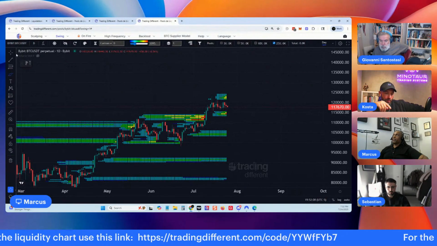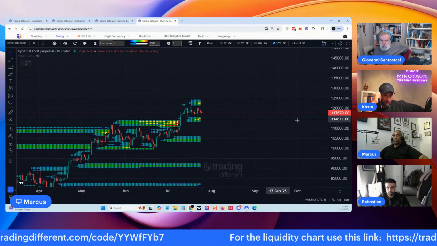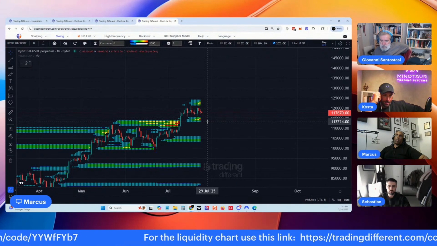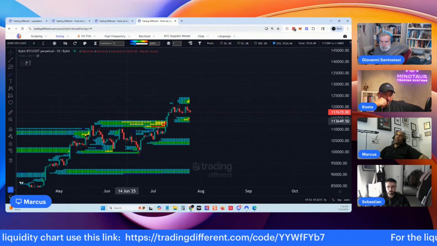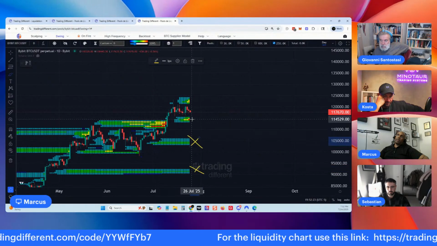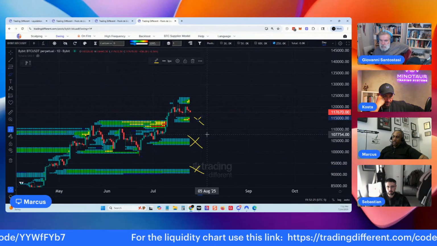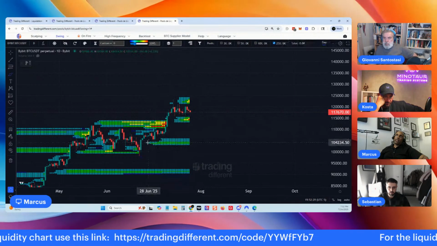You think that first one is going to hold and it's not going to get taken out? This one? What's that at 112? Yeah, this is like 112 at the bottom. When you have pool 1, pool 2, pool 3, it is more probable than not that this pool will remain untouched like this one was.